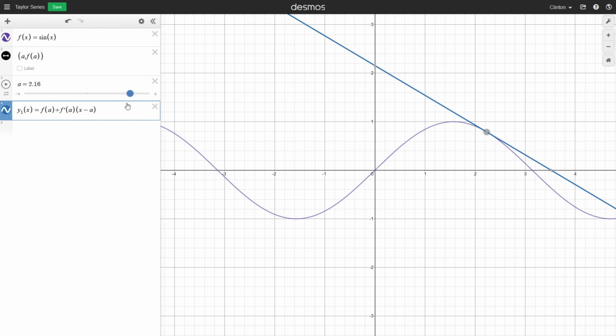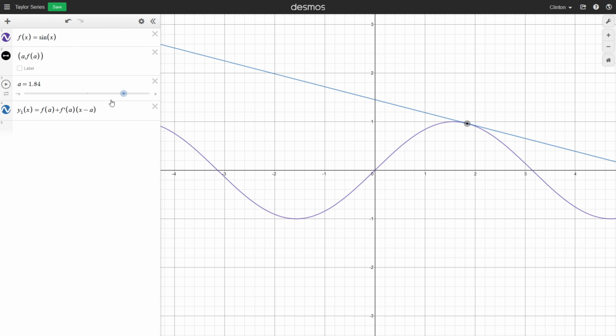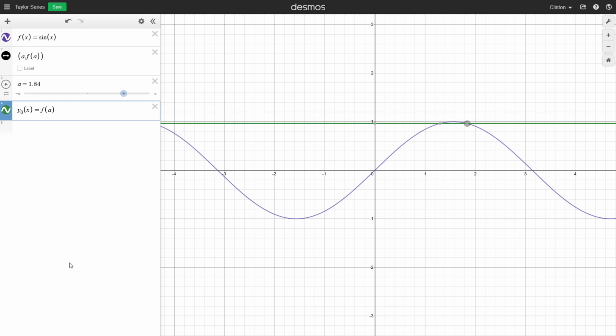Now let's take a step back, let's just forget about this for a moment. Let's go back and take a look at what a 0th degree polynomial would be. Well, if we want to match or approximate the value of sine at a single point, really all we have to do is make sure that the y values match.